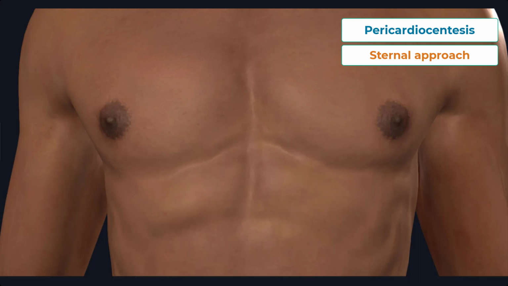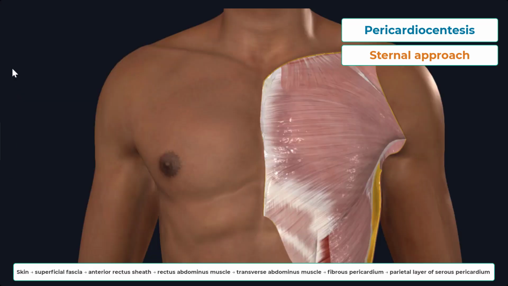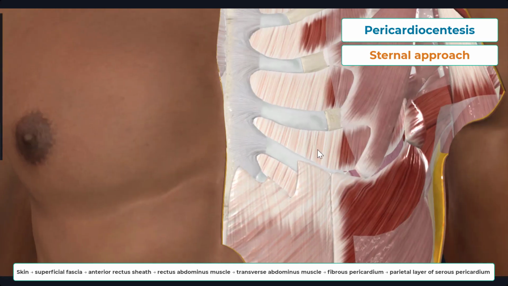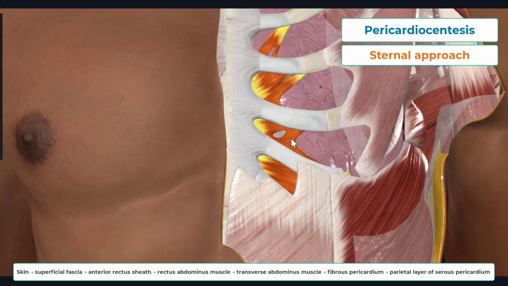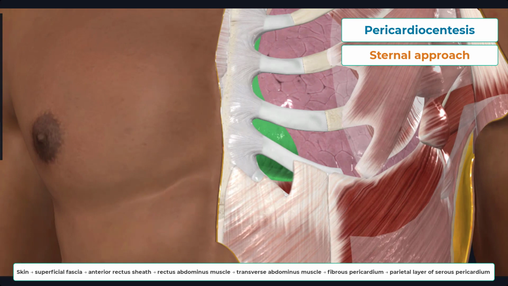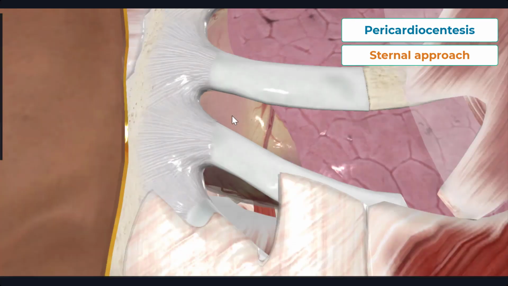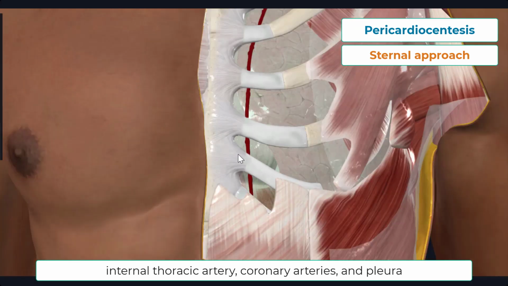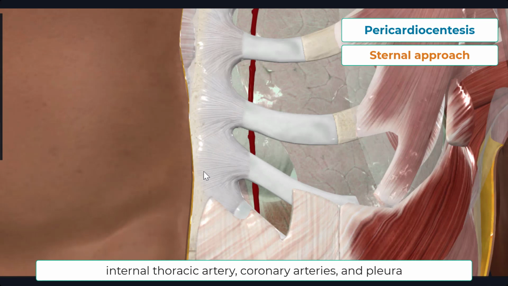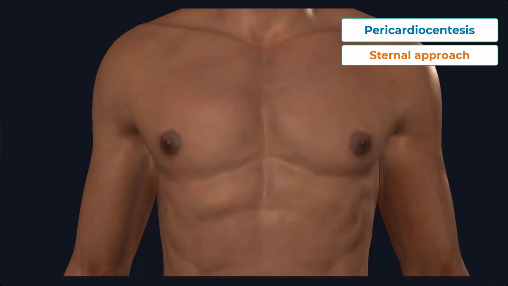Needle penetrates the following structures: skin, superficial fascia, pectoralis major muscle, external intercostal membrane, internal intercostal muscle, transverse thoracic muscle, fibrous pericardium, and the parietal layer of serous pericardium. The internal thoracic artery, coronary arteries, and pleura may be damaged during this approach.